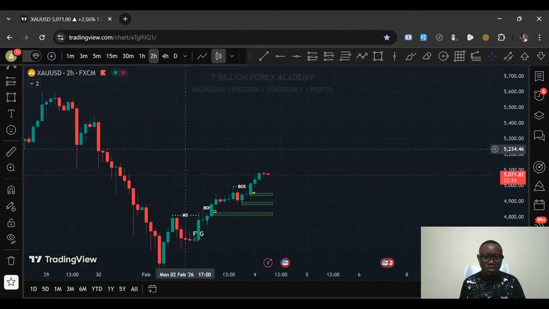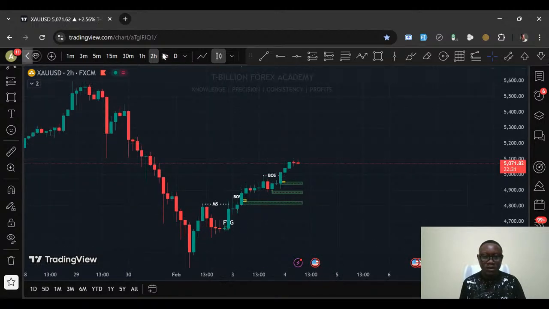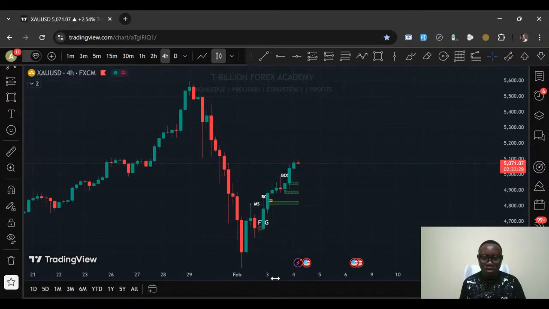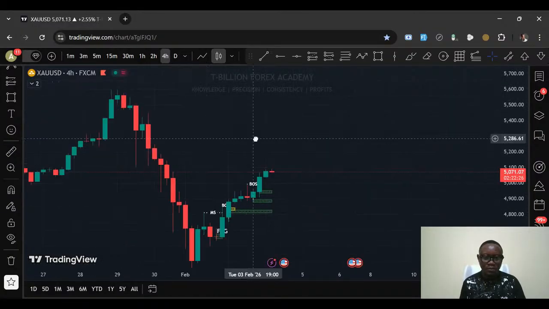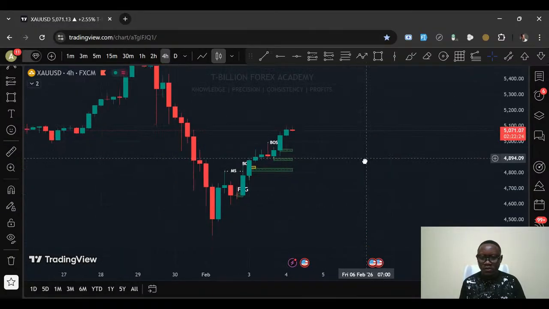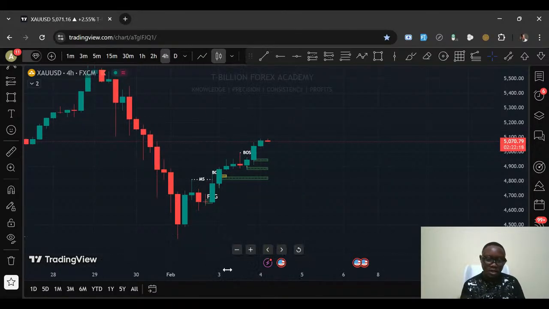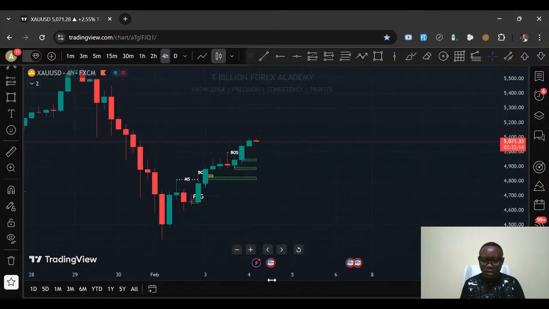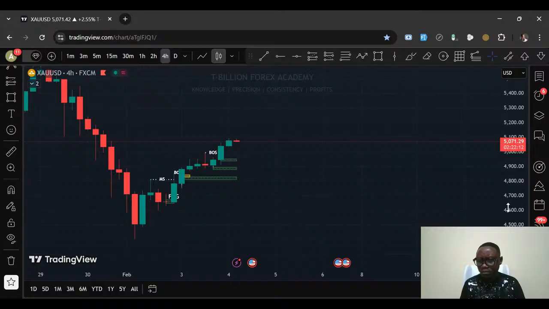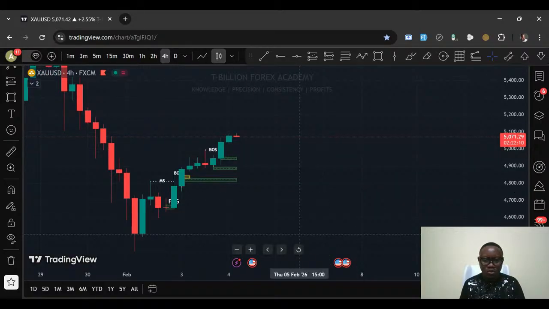Okay, so back to the 4H time frame. Just want to identify a high probability supply order block zone that we could scalp in case price taps into the zone. Okay, but then again we'll keep our TP probably 1:2.